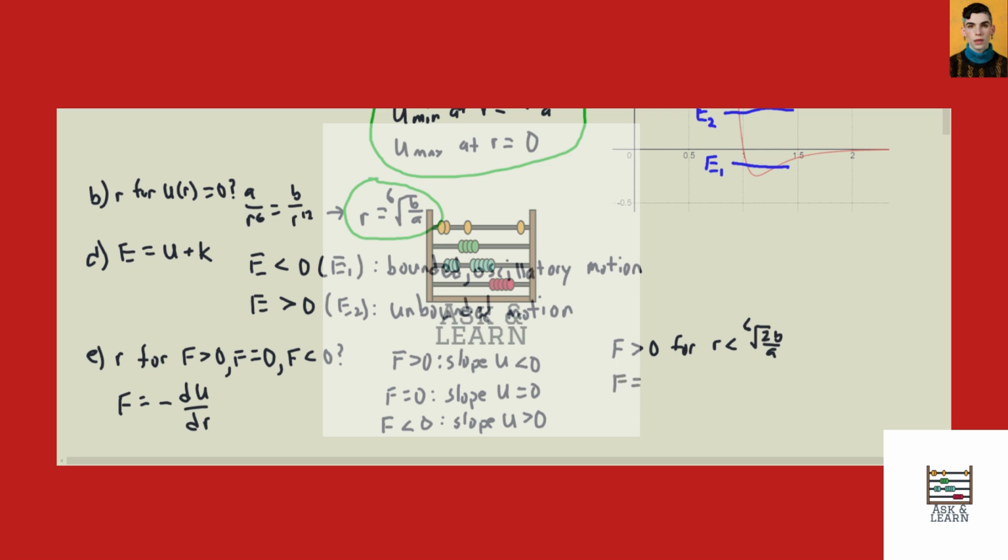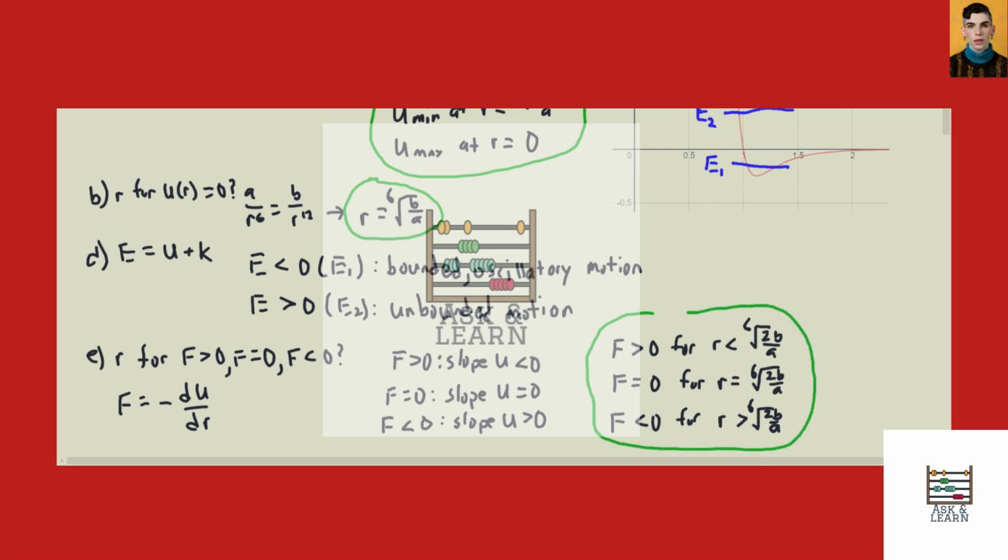We'll have a 0 force for R exactly equal to that 6th root of 2b over a. And we'll have a negative force for R greater than that 6th root point. Okay, so that will be our part E.